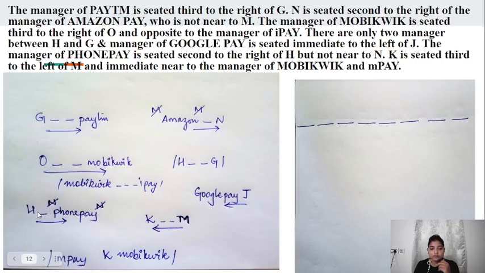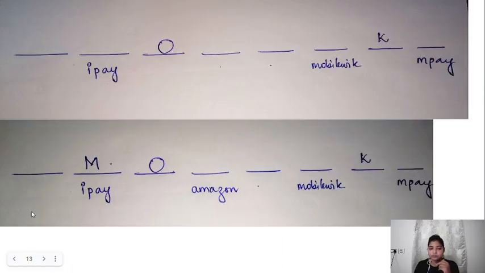Because see this condition, PhonePe 1 place H. So H will not come here because N is already there. So PhonePe will not come here. So I have this place, PhonePe 1 place H. No, because N is there. Here PhonePe will not come because PhonePe can come here, but again there is no place for H. PhonePe will not come here because Amazon is already there, right?